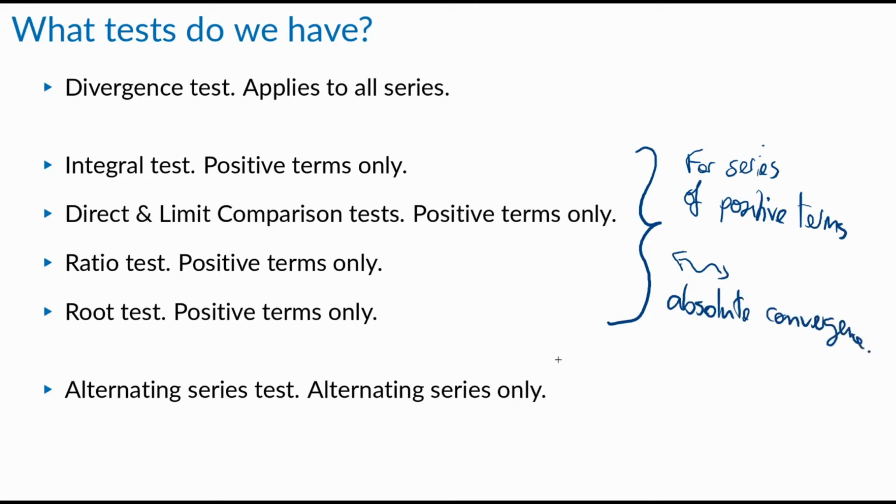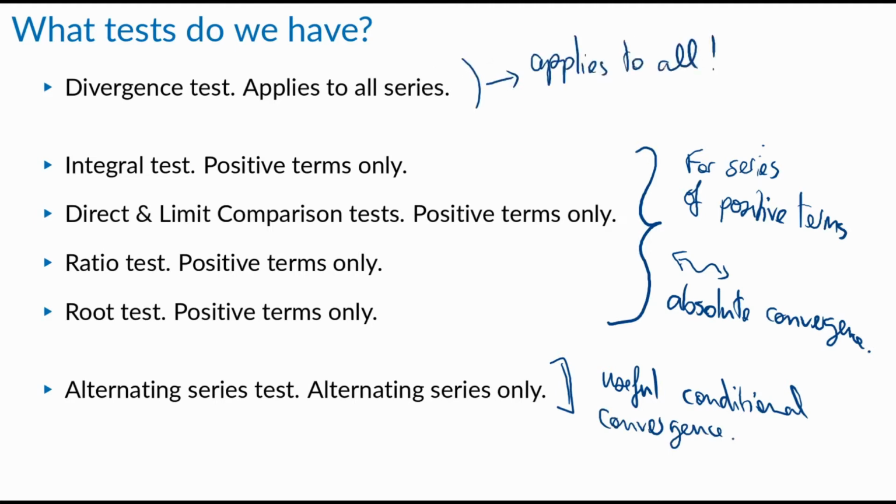We have one test here that's the alternating series test, and that applies only to alternating series, obviously. And this one is useful for conditional convergence. This guy up here, the divergence test, applies to everything. So it's super general, super widely applicable.